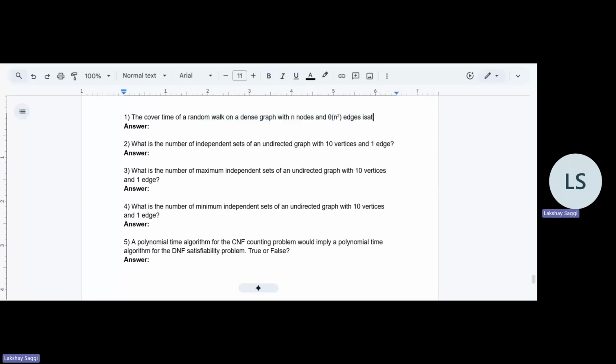So maybe I should just add here "at most". As discussed in the lectures, cover time is at most four times number of edges times number of vertices, and here the number of edges is theta n square.